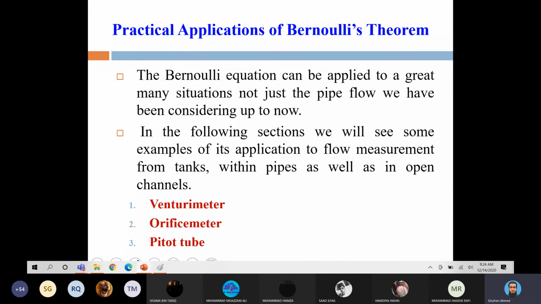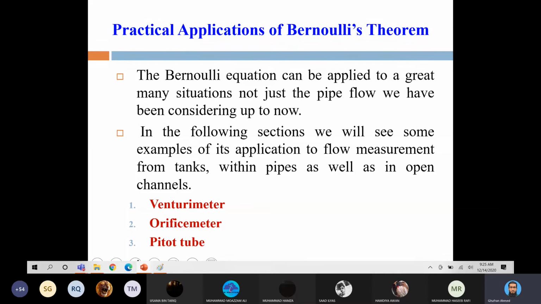Now coming towards the practical applications of Bernoulli's theorem, where this principle is actually applied, we will discuss three of its applications. One is the Venturi meter, then the orifice meter, and the Pitot tube.